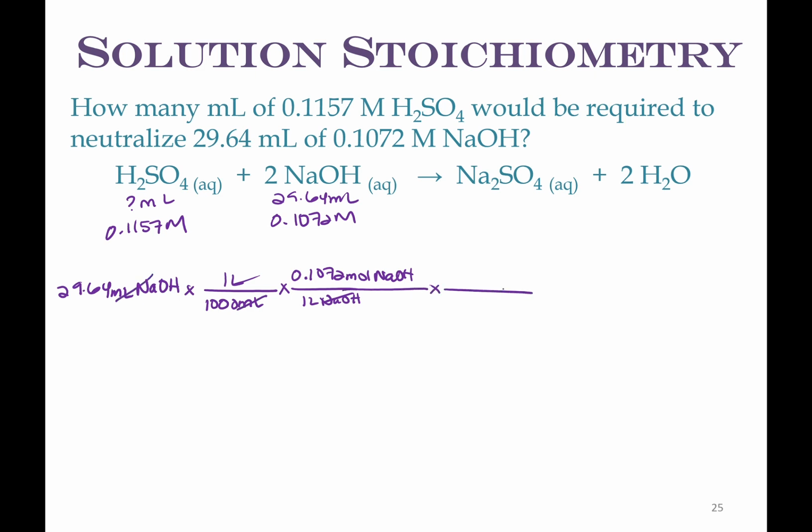We can go from moles of NaOH to moles of sulfuric acid. So this is 1 and this is 2. Now we want to know how many milliliters, so we're going to go from moles, so 0.1157 moles of sulfuric acid for every 1 liter of sulfuric acid using that particular solution. And 1 liter is 1,000 milliliters.